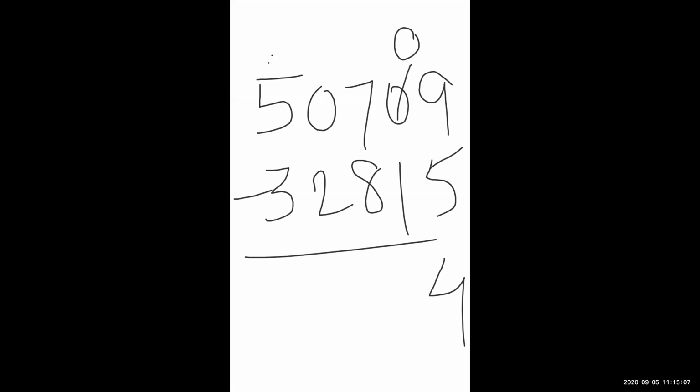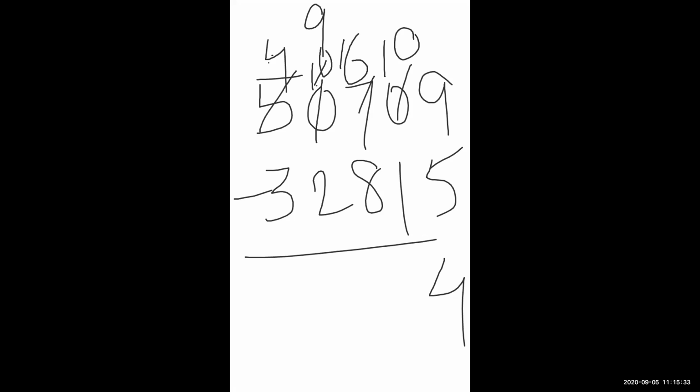You want to take 1 from 7. It is remaining 6. 6 minus 8 is not possible because 6 is a smaller number and 8 is a bigger number. So you want to write 0 again over here. 5 minus 1 is 4. 10 minus 1 is 9.